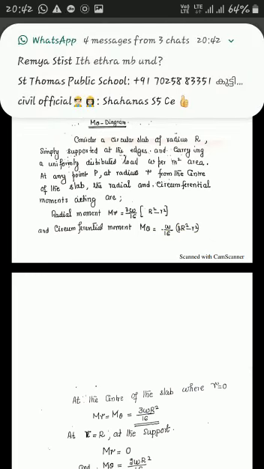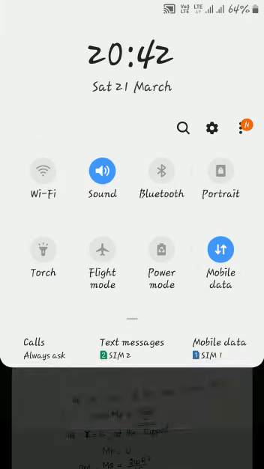That is, MR equals 3W by 16 into capital R square minus small r square, and M theta equals W by 16 into 3R square minus small r square. Now at the center of the circular slab, small r equals 0. Then what about MR and M theta? Here MR will be equal to M theta, equal to 3W R square divided by 16, because small r becomes 0.